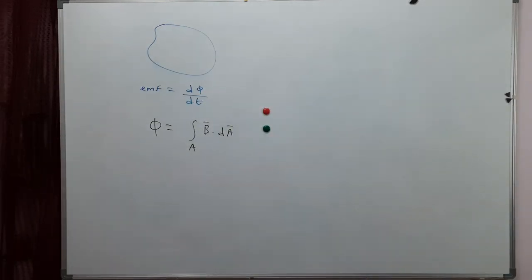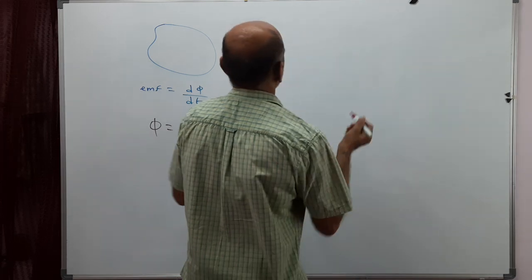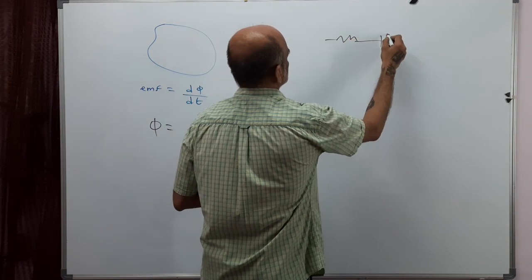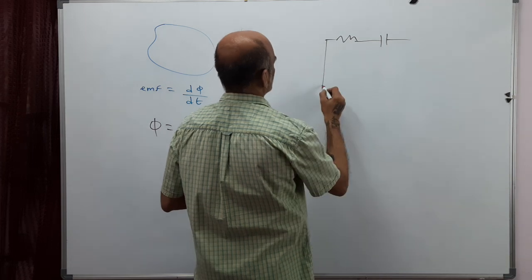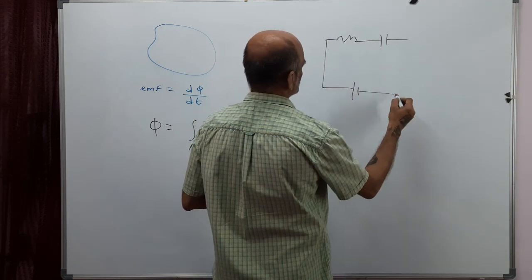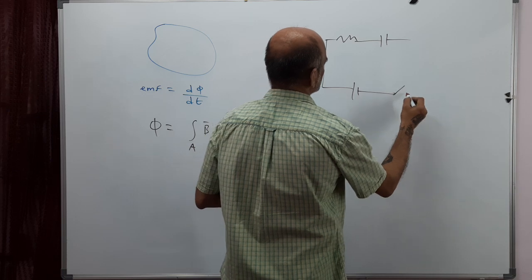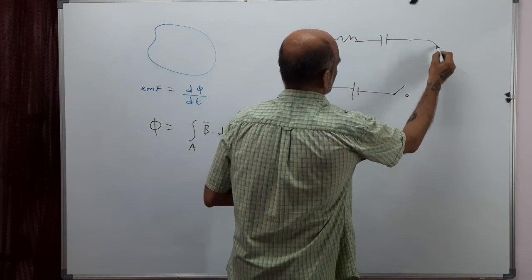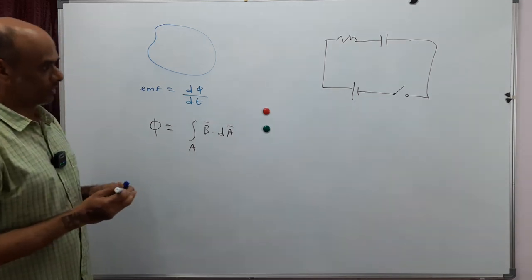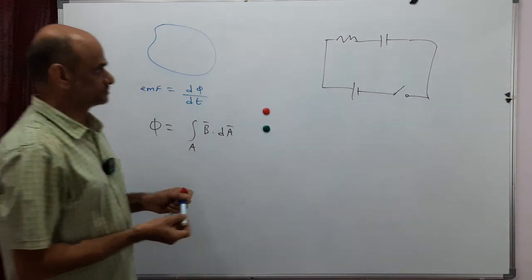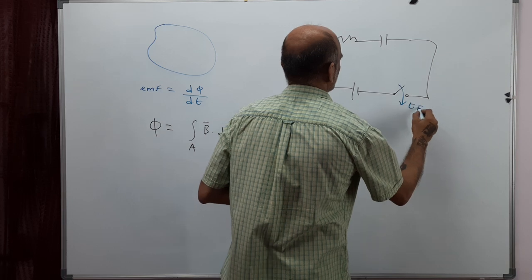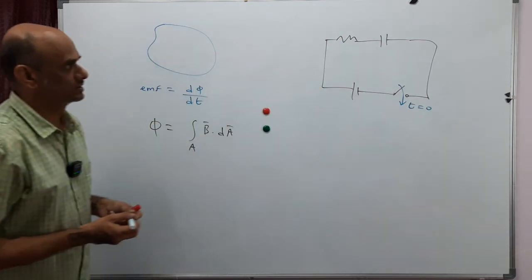In an RC circuit, a resistor and a capacitor are in series with a constant voltage source, but there is a switch here. Initially the switch is open, and the switch is closed at time t equal to 0.